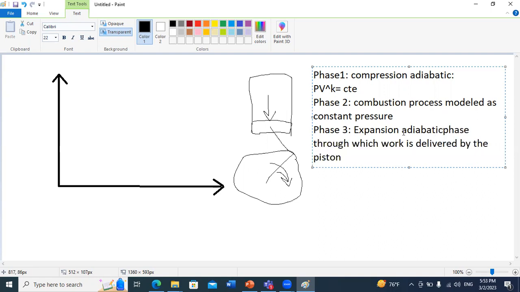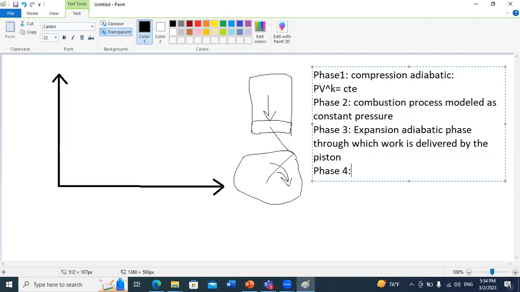And finally, in phase four, as we discussed last time, instead of saying you have gases that you are exhausting out and you are intaking new air, you can model this as heat rejection. During the exhaust, gases at very high temperature will leave your cylinder, and air at lower temperature will enter.